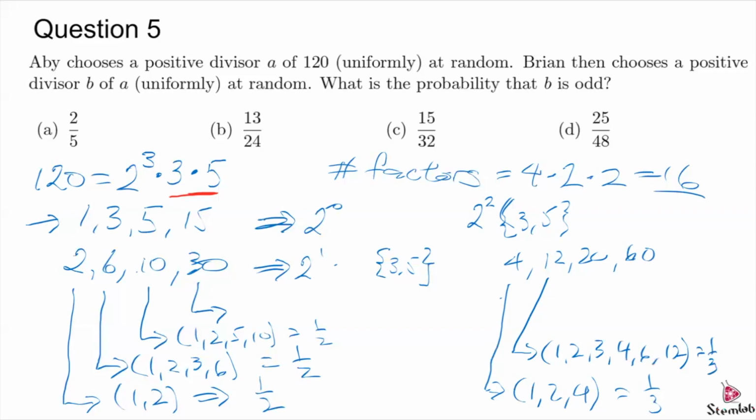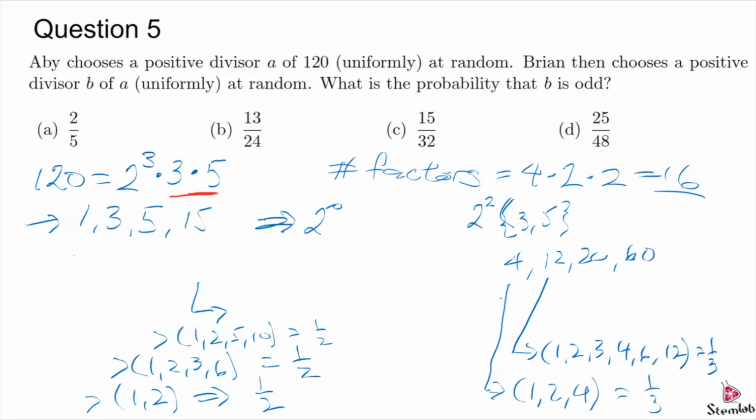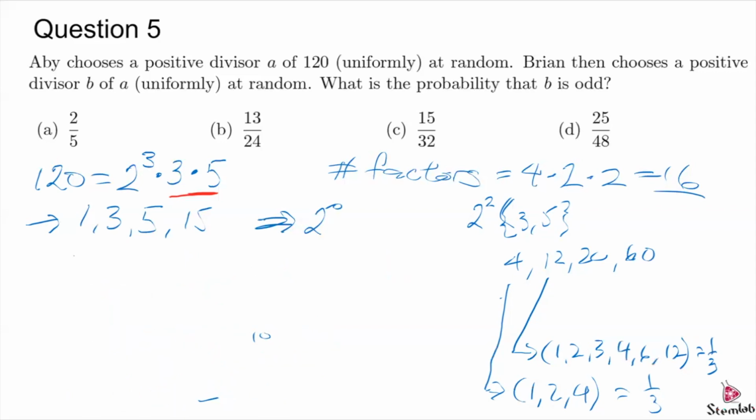But now it seems like there is a pattern here. Let me delete this side here. We will just do a couple more. What if we chose 2 cubed as the partition? It turns out that if you choose something of the form 2 cubed times some combinations of 3s and 5s, you end up with Abby choosing 8, 24, 40, and 120.